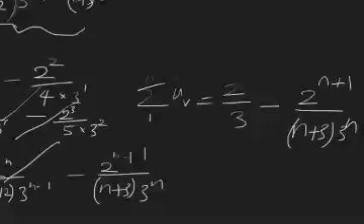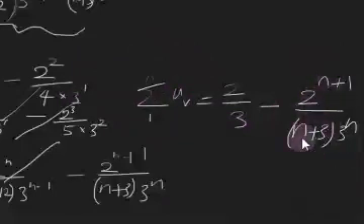If you want to find the sum of an infinite series, all you need to do is take the limit on both sides. This goes from 1 to infinity, this becomes the sum from 1 to infinity. On the right hand side, this term becomes negligible.